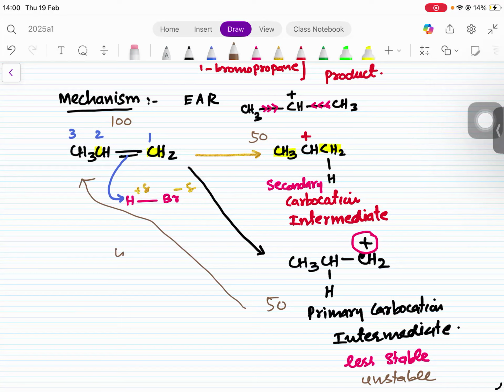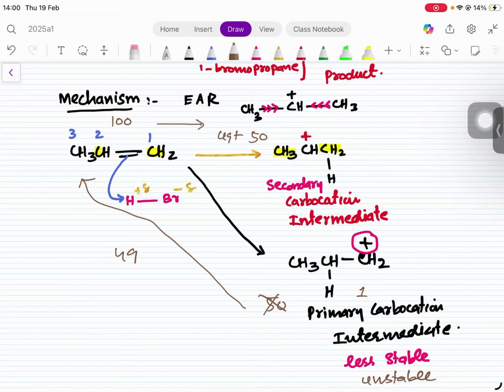And listen, those 49 went from here and got added here, because they have to go the other way now. So how many total carbocations in this? 99. And how many in this one? One.